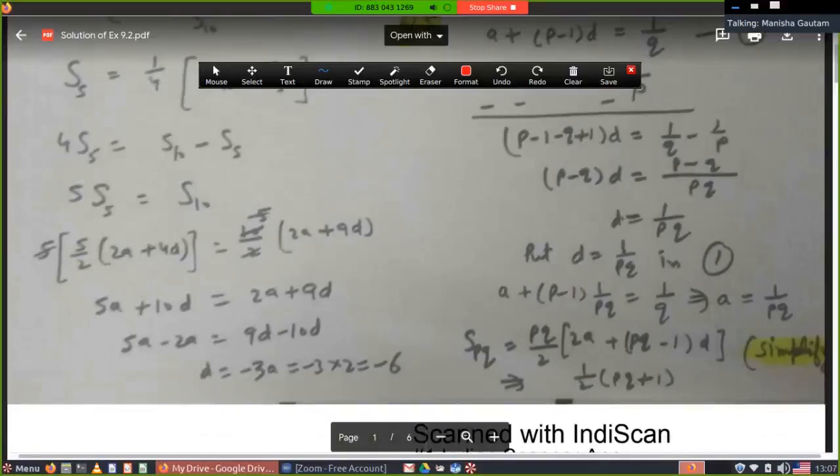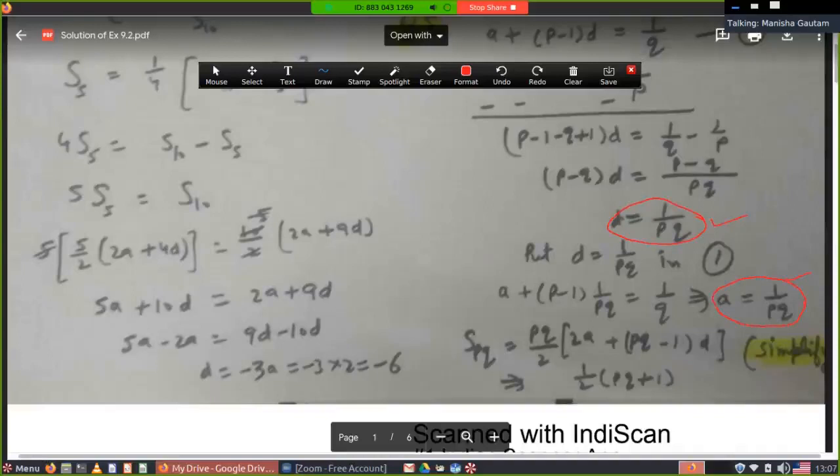Simplify it, and you get a equal to 1 upon pq. This is the value of a. So a is equal to 1 upon pq and d is equal to 1 upon pq. Both are equal to 1 upon pq.